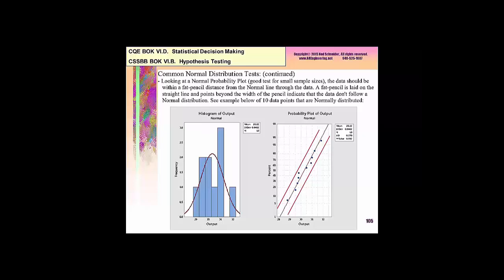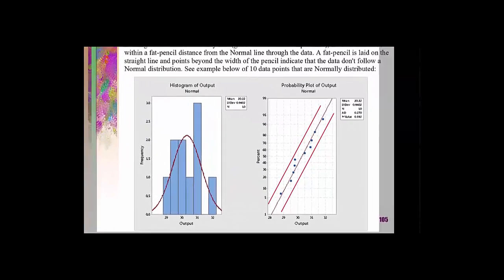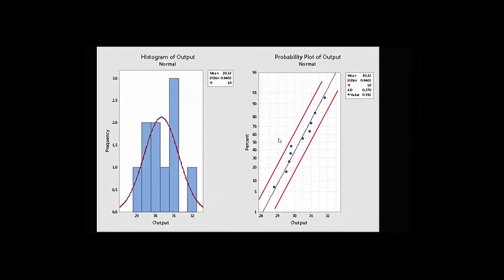When the sample size is small, one approach I like to use is the normal probability plot. And that's this plot here on the right. And I had 10 data points, and they fall close to this line going through the center of the data.